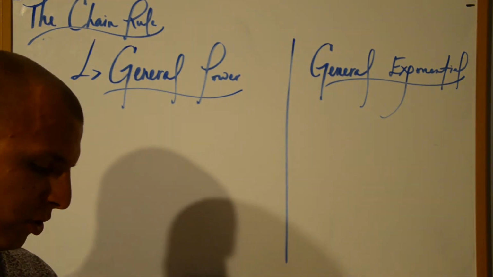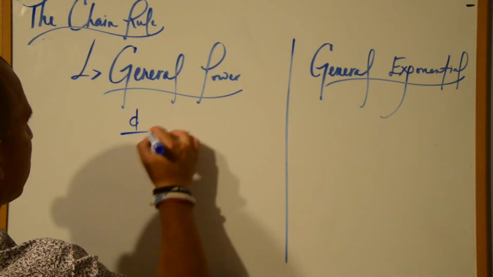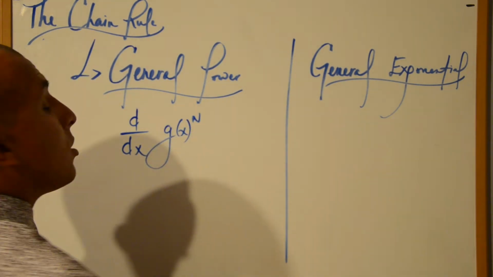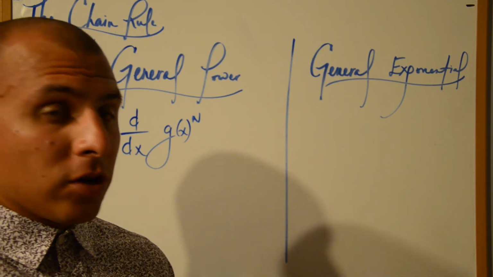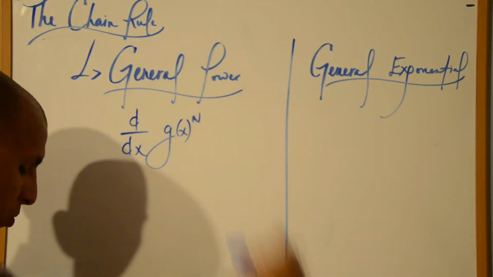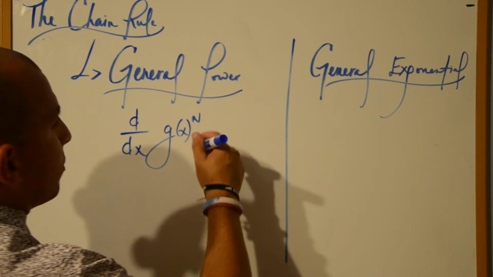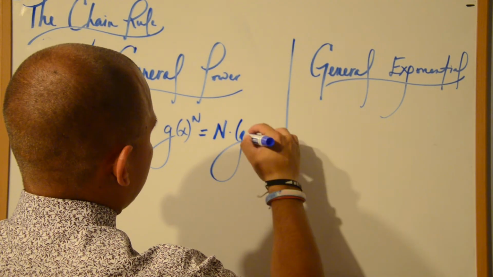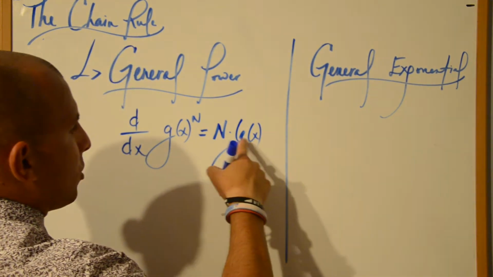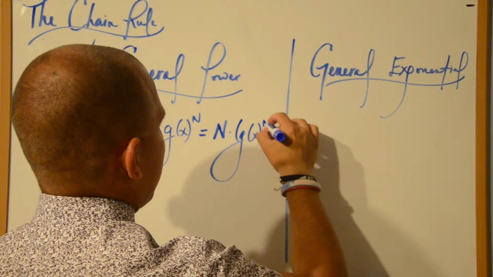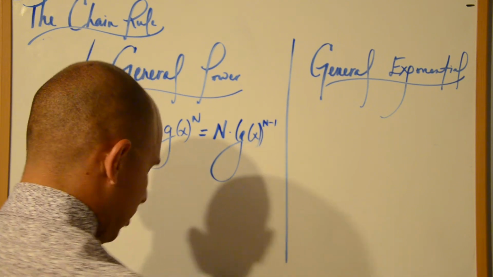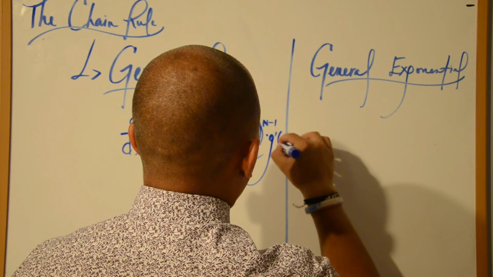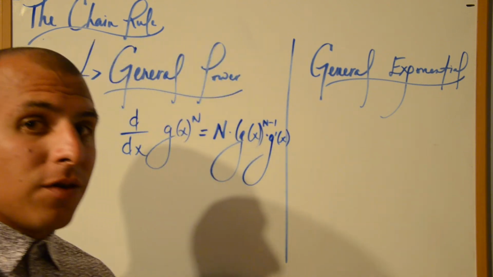Assuming that our function is differentiable, we have g of x to the n, like we just did with our square root function. We had an inner function raised to the 1/2 power. We take the exponent and it becomes the coefficient, we leave the inner function as such, raised to n minus 1, and we must also multiply by the derivative of that inside function.